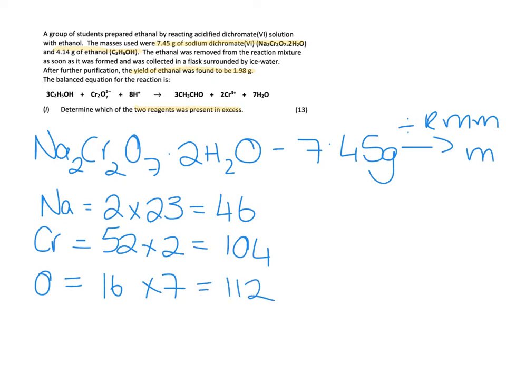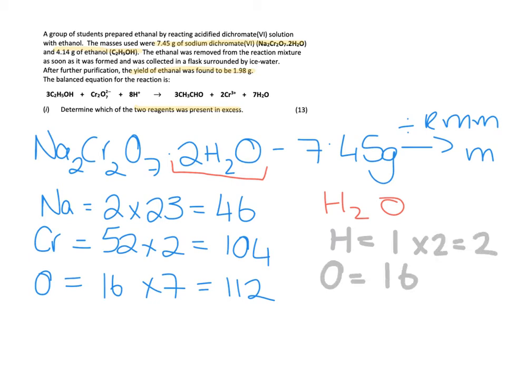Now, when it comes to water, if we have a look at it here, we can see that it's 2H2O. Now, if we deal with H2O individually, hydrogen is 1, and I have 2 of them, so that's equal to 2. Oxygen is 16, so 16 plus 2 to give me 18 in total.